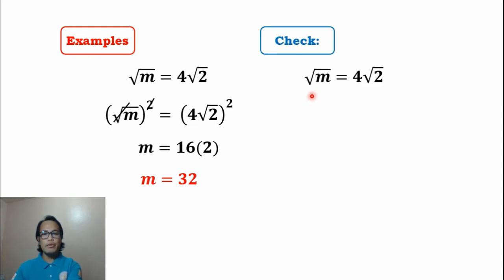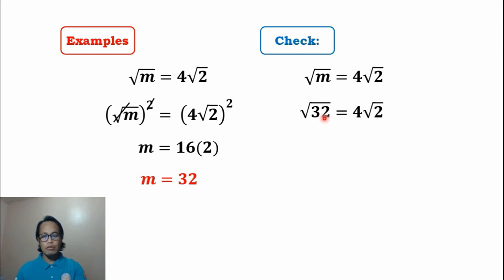We go back to our original equation, which is the square root of m is equal to 4 square root of 2. We substitute the value of m, which is 32, so that gives us the square root of 32 is equal to 4 times the square root of 2. Now, if we analyze this radicand, we have 32, and 32 is not a perfect square. So what we need to do is to factor 32 in such a way that one of the factors will give us a perfect square.